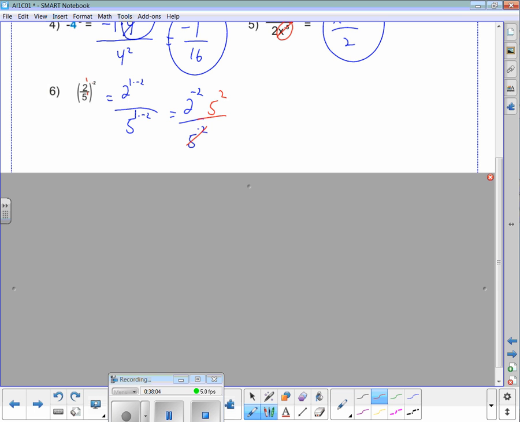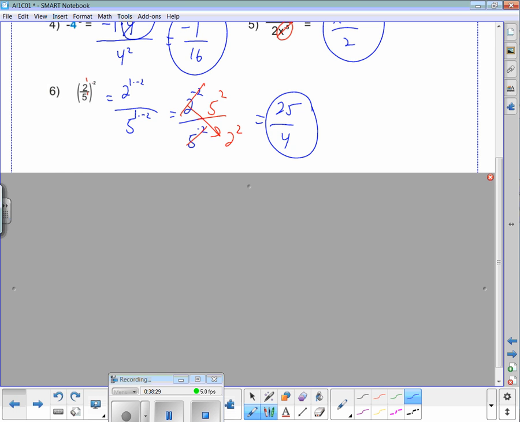Would you agree that becomes a 2 squared across the fraction bar? Make sense? Right? Take the base and its exponent across the fraction bar, change the sign of the exponent. We all know 5 squared is 25. We all know 2 squared is 4, 25 fourths. Voila! You are there.